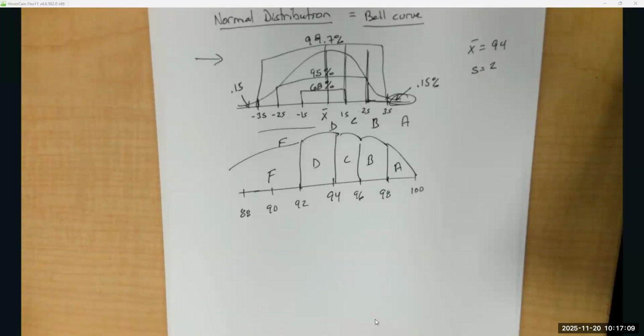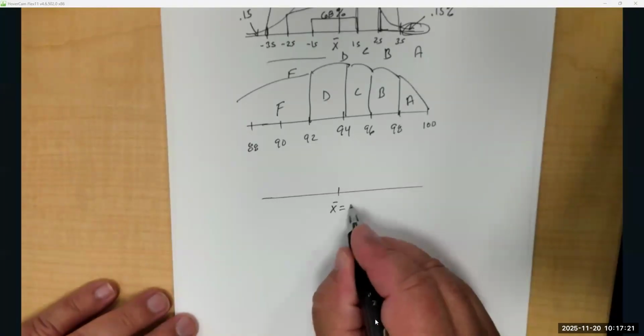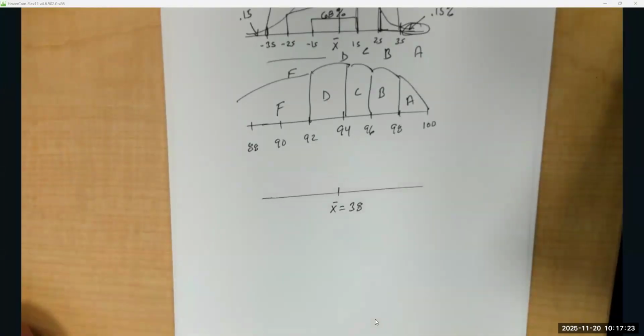But what teachers do, like in college, early college and high schools and stuff, when they grade on a curve is, let's say the average of the class was 38. Have you ever been in a class that has that average? It happens a lot. You'd be surprised.